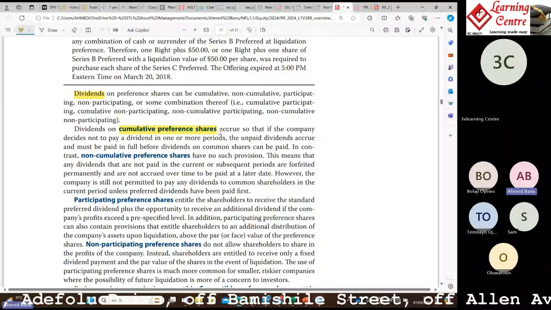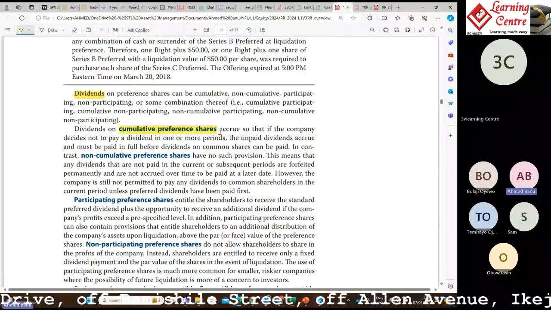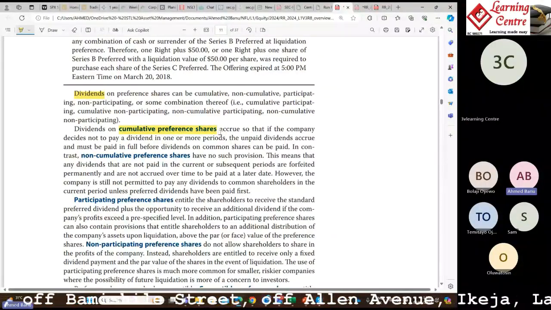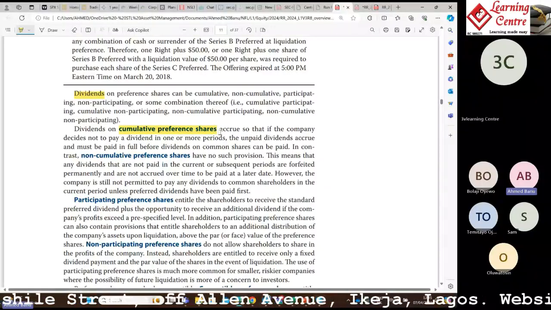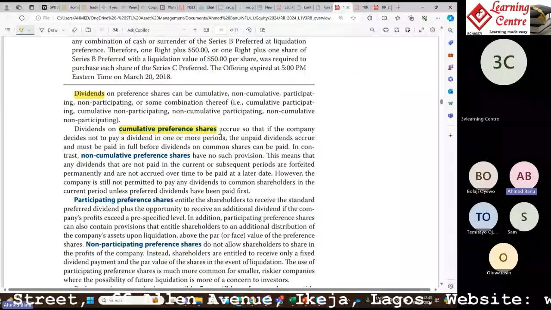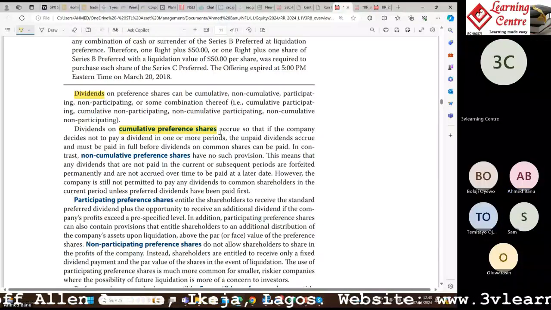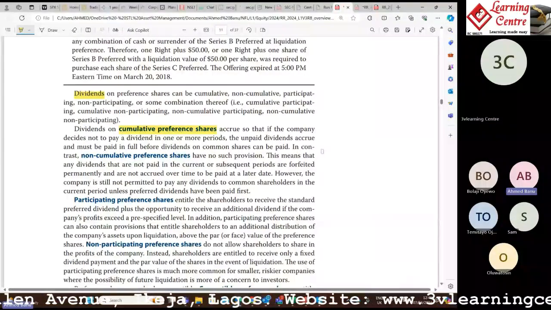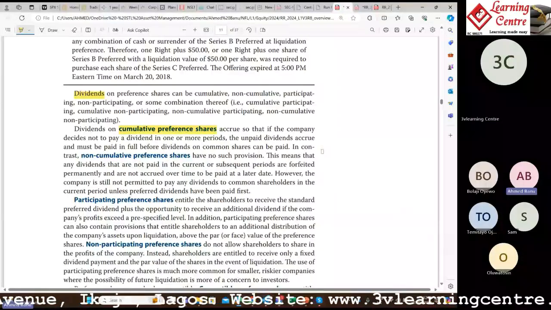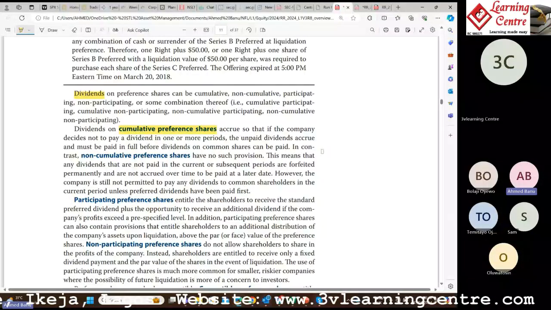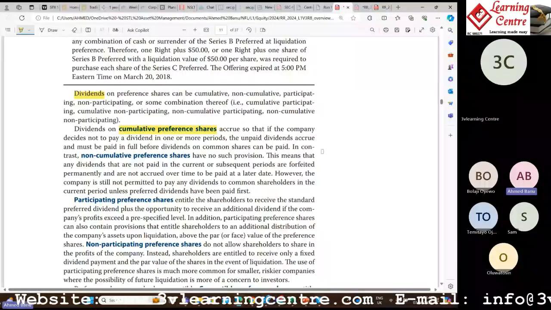That's just the difference between the debt holders and the preference shareholders. It is at the discretion of the company whether you are going to get dividends. However, if the company decides to pay dividends, you are going to get a fixed amount as agreed. If the company does not declare dividends, you are not getting any. Now, that is where cumulative preference shares come into play.